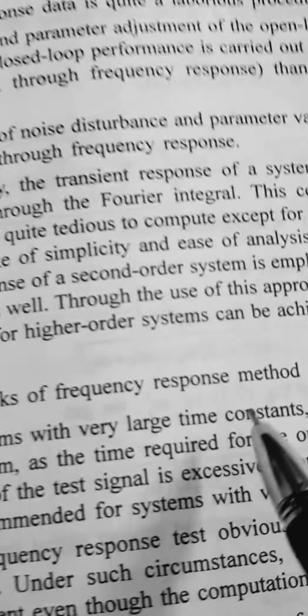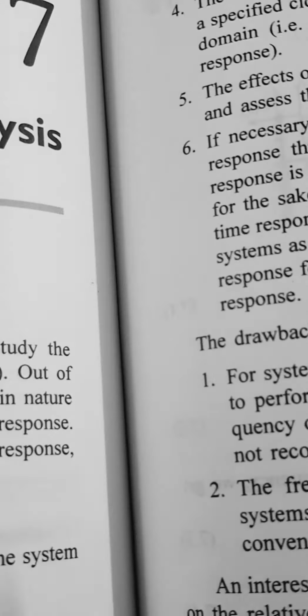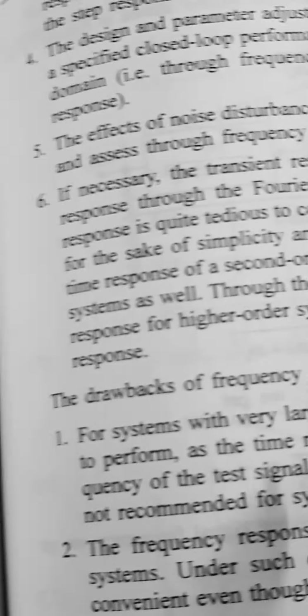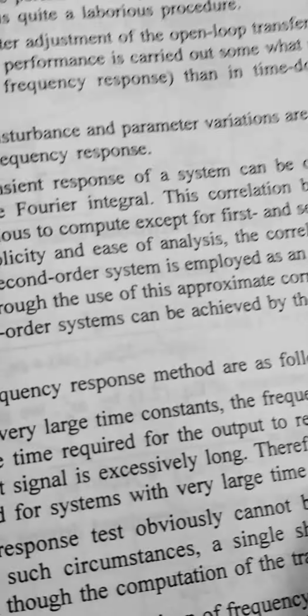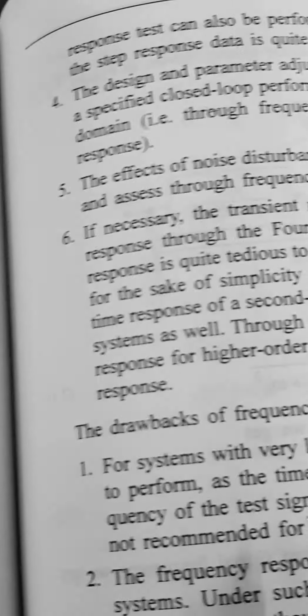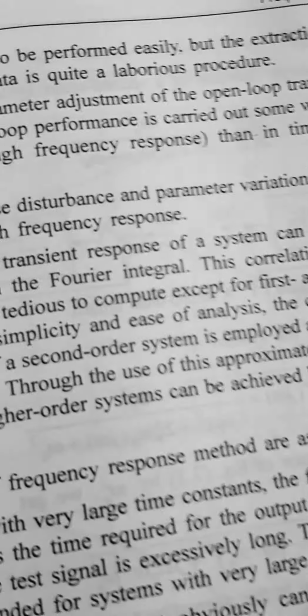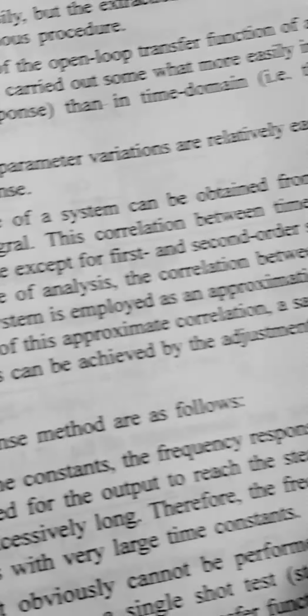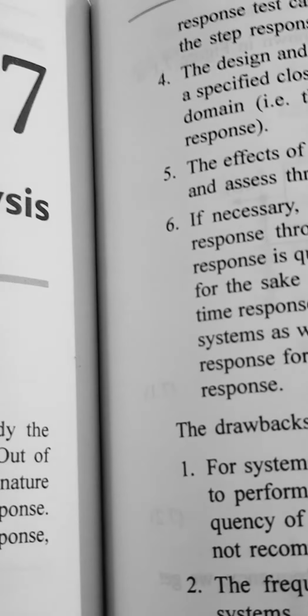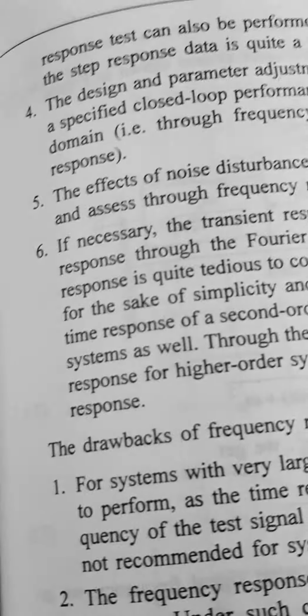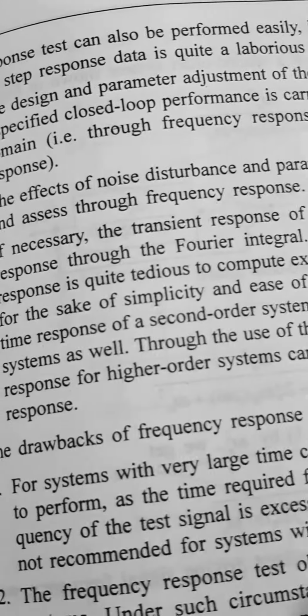The drawbacks of frequency response methods are as follows. For a system with a very large time constant, the frequency response test is cumbersome to perform, as the time required for the output to reach steady state for each frequency of the test signal is excessively long.